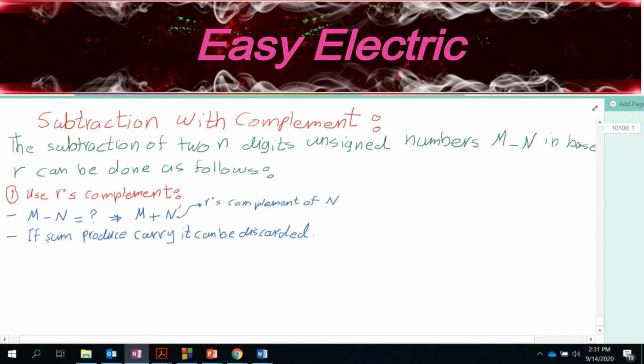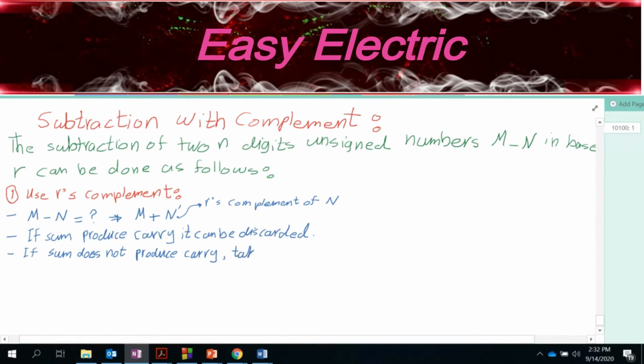So this is step 2, and the last step is if the sum does not produce carry. That means you add two numbers with 5 digits and the result is 5 digits, so there is no carry.